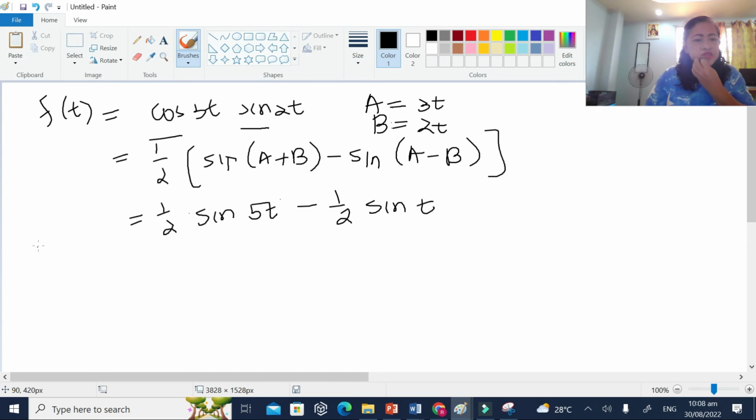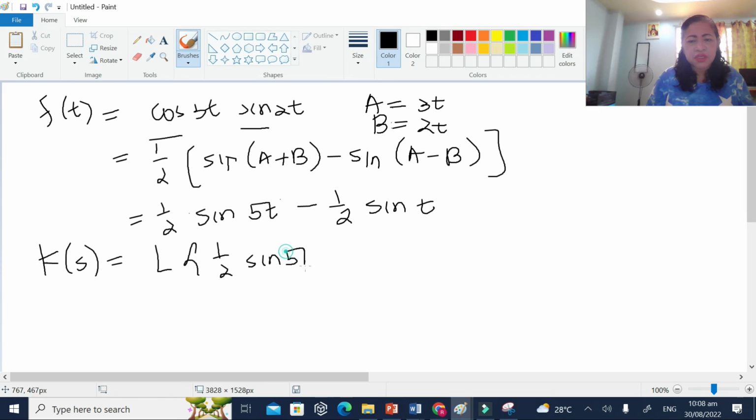So, to get the Laplace transform of that, get the Laplace of 1/2 sine of 5t minus the Laplace of 1/2 sine of t.